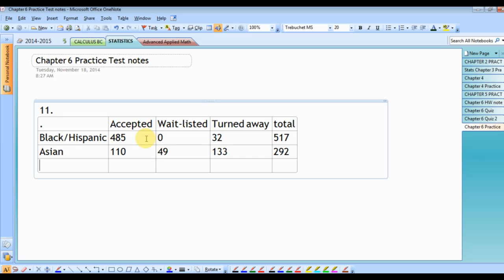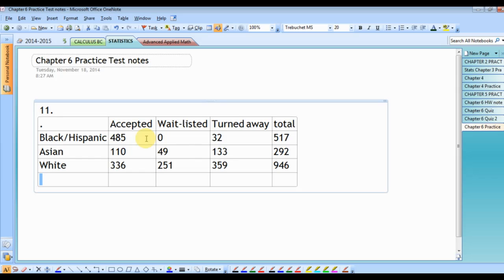Next one we have is white: 336, 251, 359, for 946. Total: 531, 300, and 524, and 1755. Awesome. Good job.